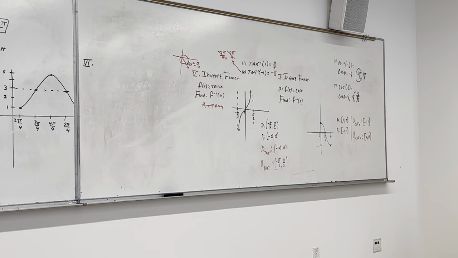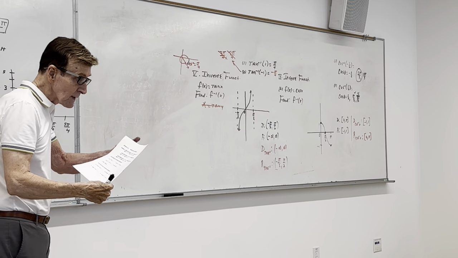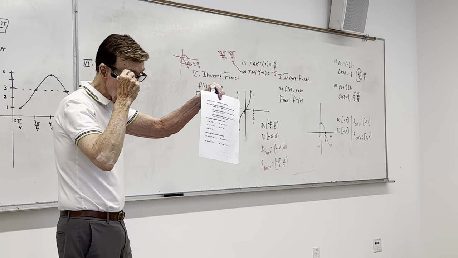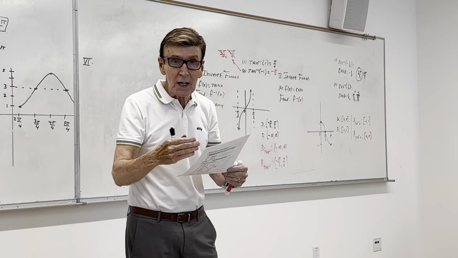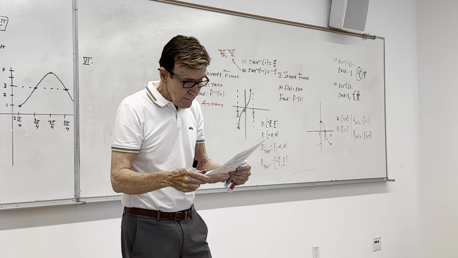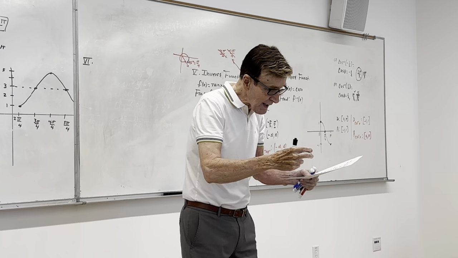The 6.1 and 6.2. Now, everyone should have a copy of this. Mr. Parker, I think you even sent this out to the class, right? Shane, on 6.1, 6.2, on the handout.